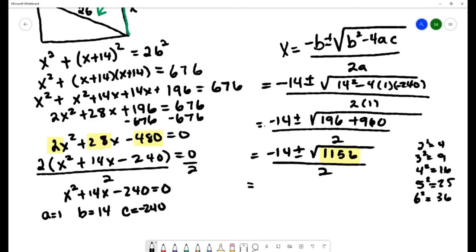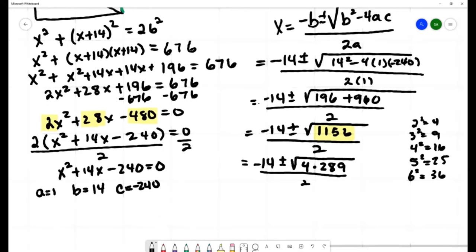Let's start with the 4. 1,156 divided by 4. Okay, that does divide into 4 times 289. So that's going to help a little bit. 289 is smaller, but let's see if we can get a perfect square into 289.